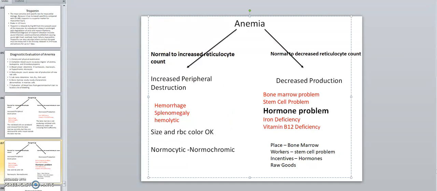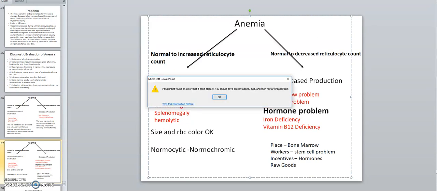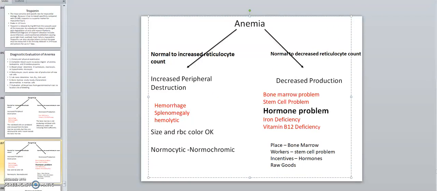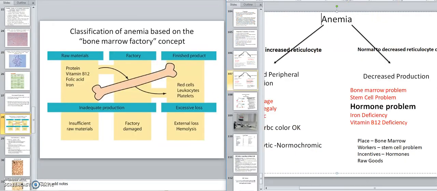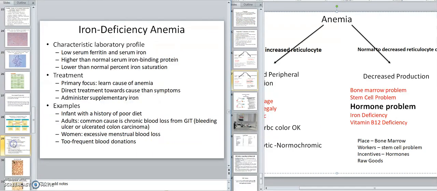So where we go next then, that's where this would come in. I'm coming back now to iron deficiency. Iron deficiency is a raw good problem.